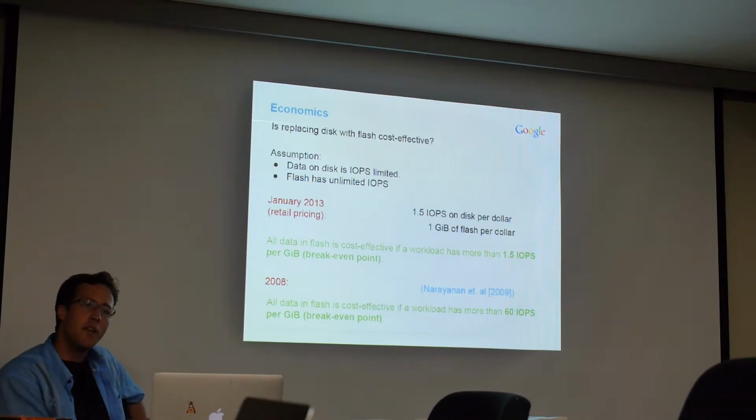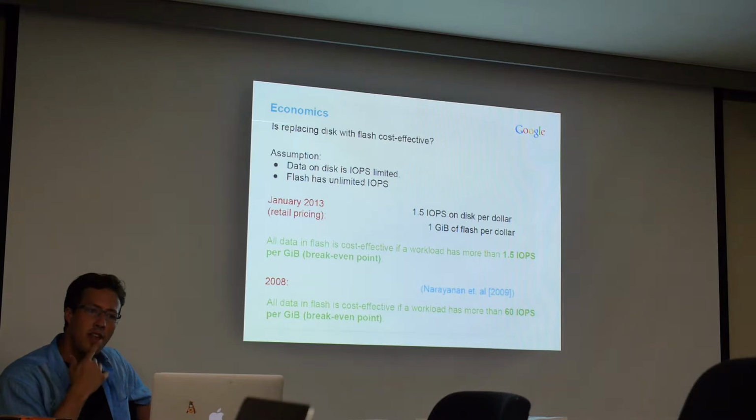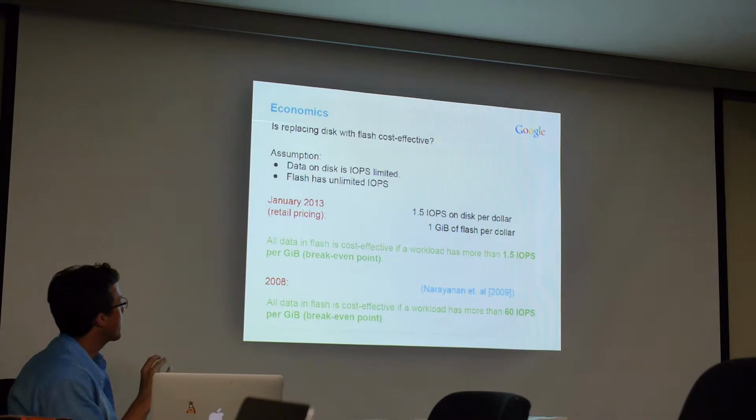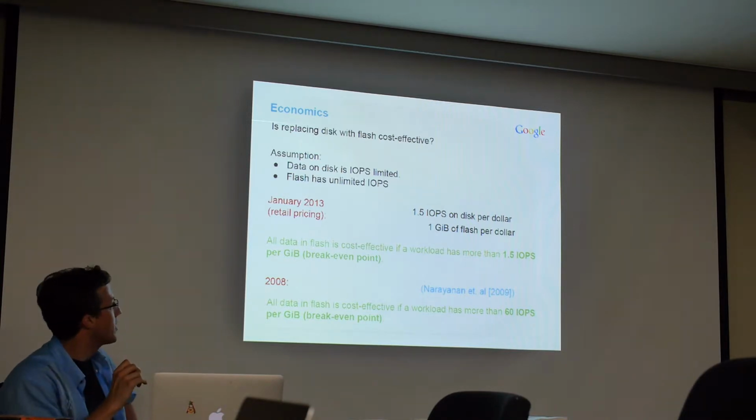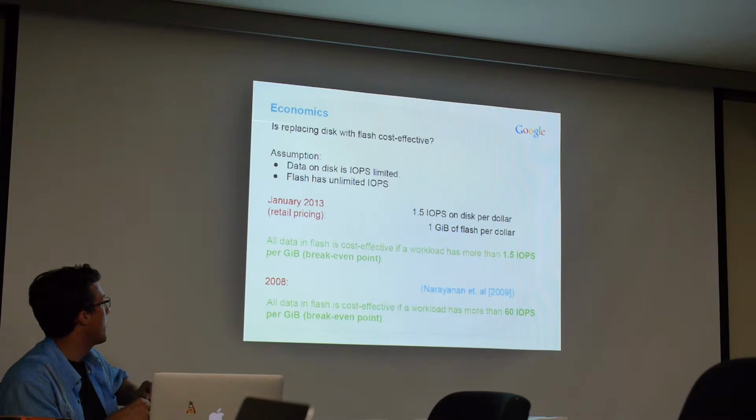As of January of last year, when I first put these slides together, we got about 1.5 IOPS on disk per dollar, and about 1 gigabyte of flash per dollar. And this lets us calculate a break-even point, which is to say that all data in flash is cost-effective if a workload has more than 60 IOPS per gigabyte.